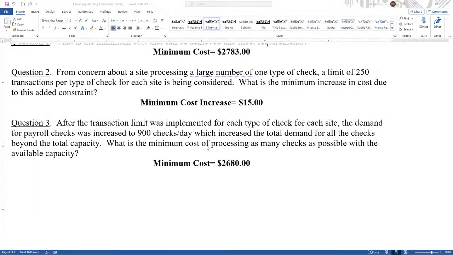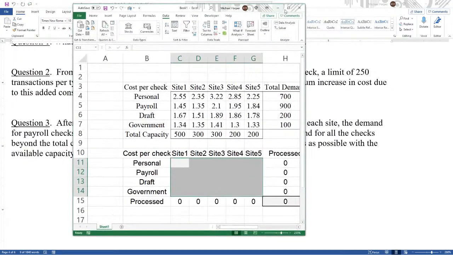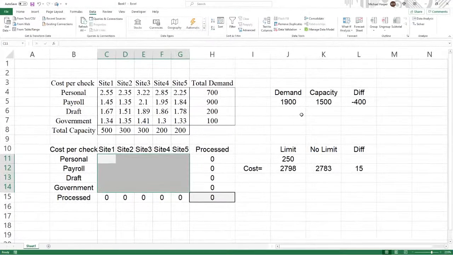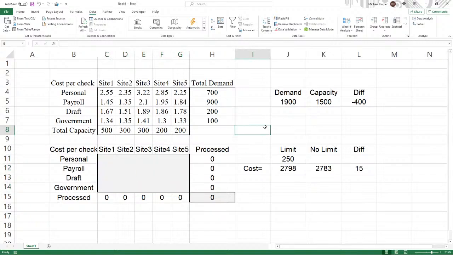What's the minimum cost of processing as many checks as possible with the available capacity? So here, we're not going to have a solution saying we're going to meet all of our demand, but how much of the demand can we meet to minimize our cost? That's a good problem.